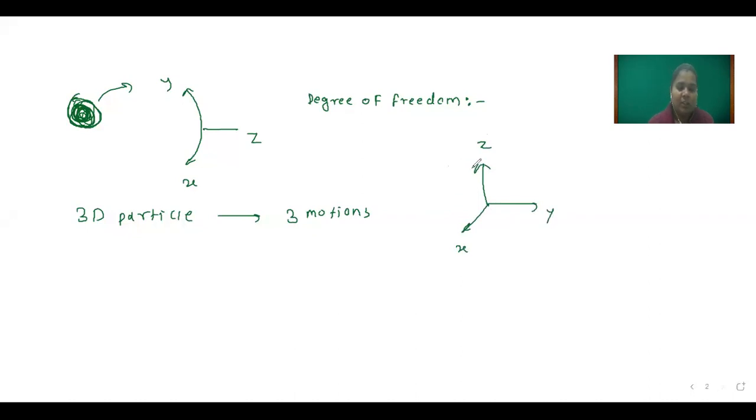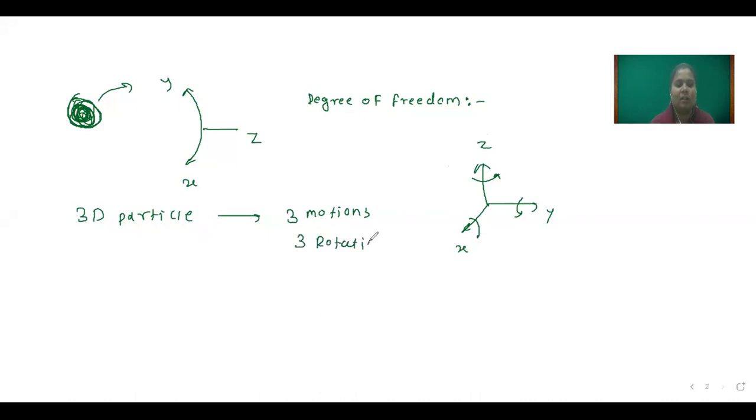Also, along with these 3 motions, degree of freedom is required for rotation. So rotation along Z, rotation along Y, and rotation along X. So for 3D particle, 3 motions and 3 rotations.